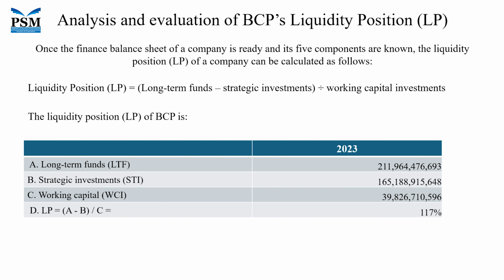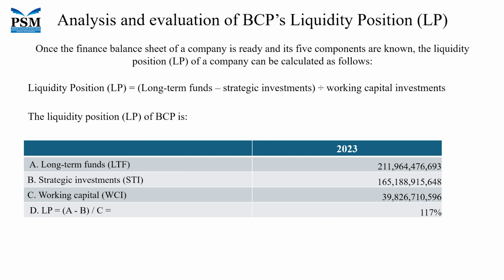Finance theory holds that the level of liquidity position of the company is in direct proportion to the amount of working capital investment and the source of funding used to pay for these working capital investments, such as inventory level.